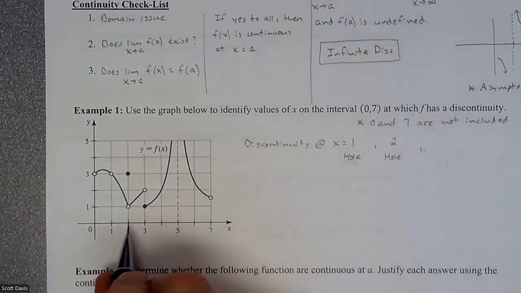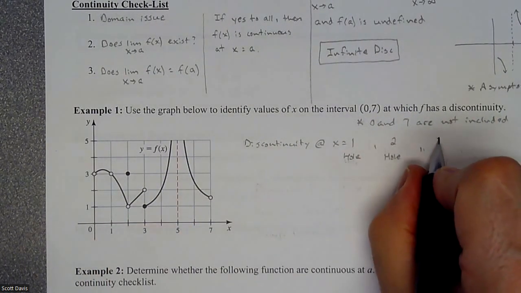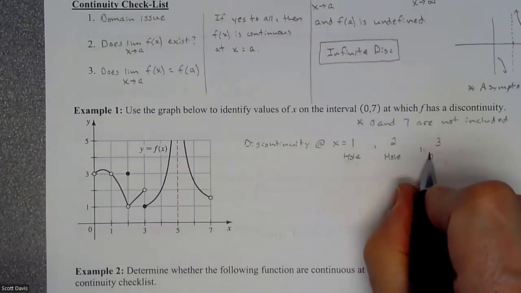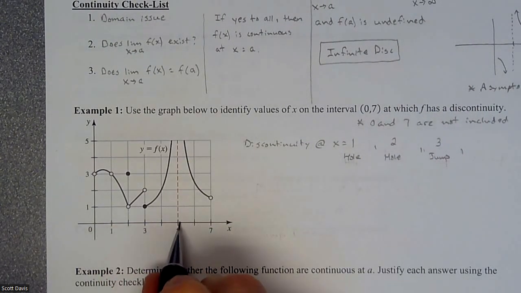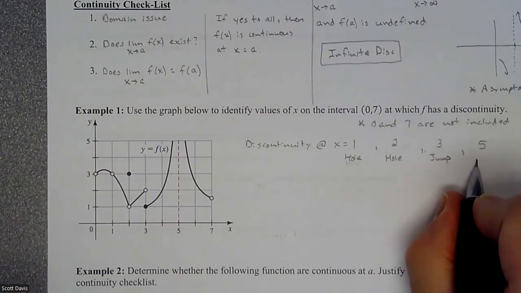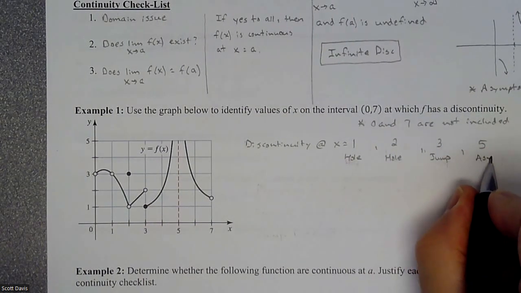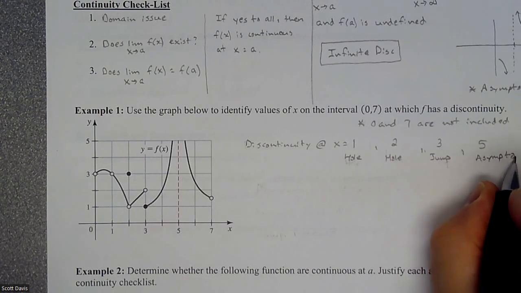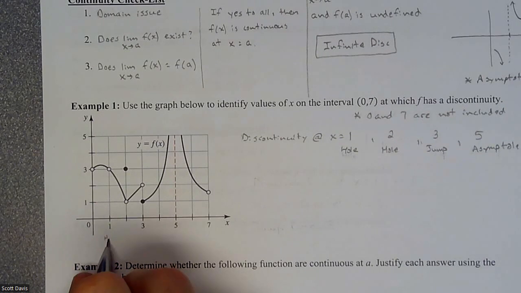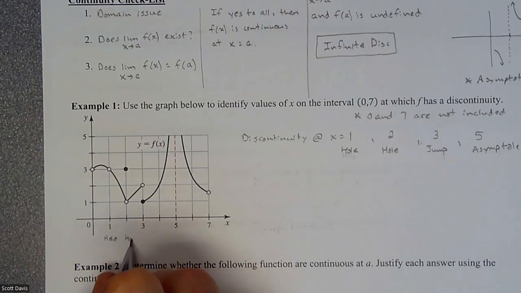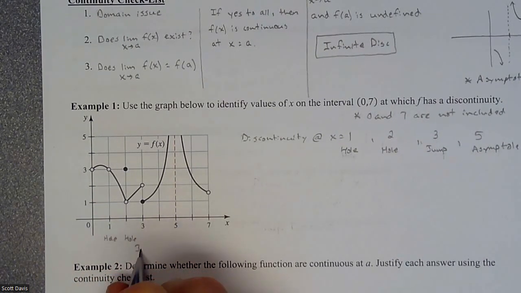At 3, a total break, which I'll call a jump. And at 5, we have an asymptote. So let's name them: hole, jump.